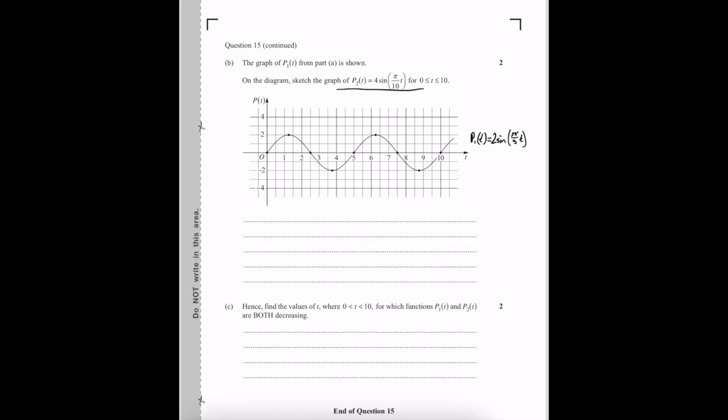Okay, so again, we're going to figure out what the amplitude and the period is. So we should recognize the amplitude is 4, and the period is equal to 2 pi on pi on 10, because that is essentially our B value. And so what we get is that the period is 20.